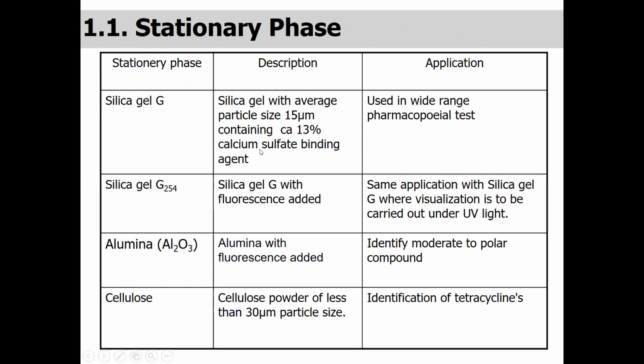You can see, for example, silica gel, and generally silica gel consists of 15 micrometer particle size containing 13% of calcium sulfate as a binding agent, and it is widely used in pharmaceutical industries as well as in research labs.